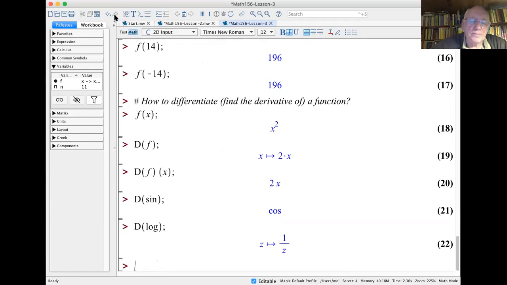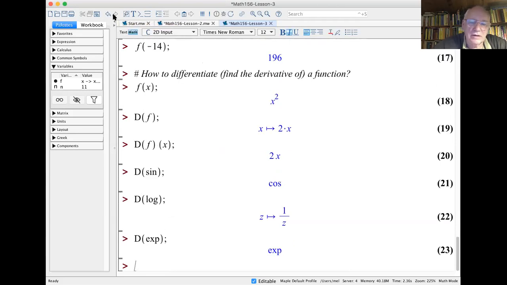What's the derivative of the exponential function? exp.